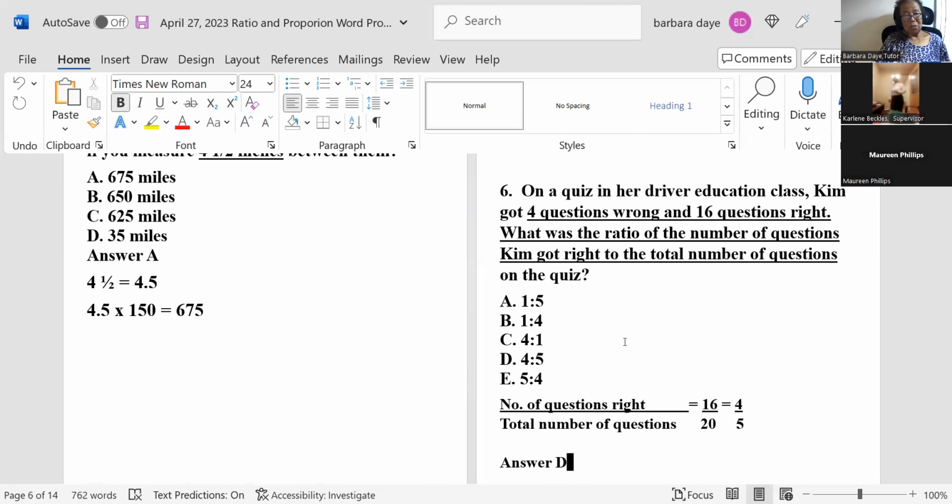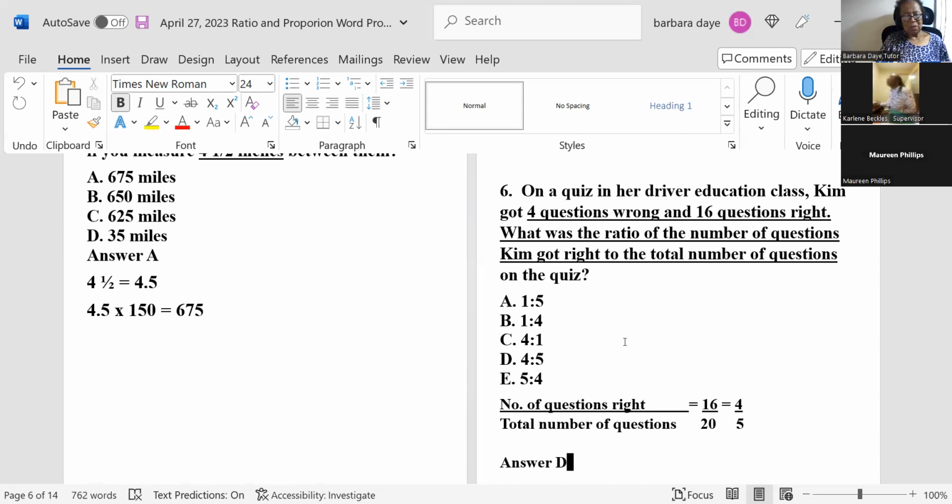What's the ratio of the questions wrong to the total? 4 to 20. But the total number of questions is 20, right? Yes. So it's 4 to 20. And simplified?